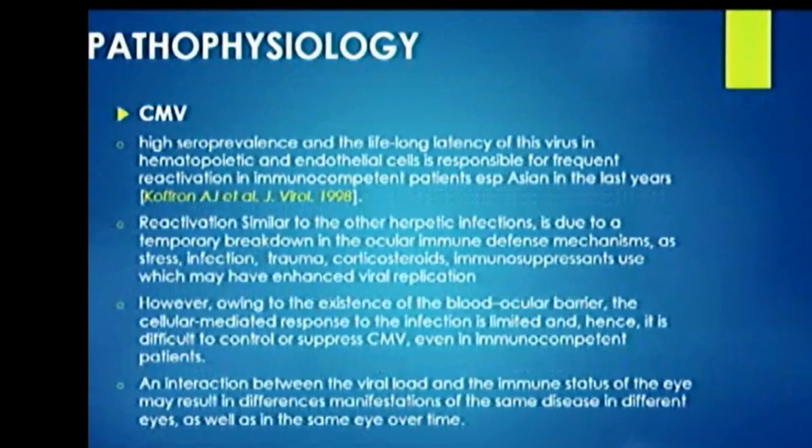Based on this clinical presentation, we started the patient on valganciclovir. Valganciclovir is a very expensive drug, and thanks to our administration at King Abdulaziz University Hospital, they made it available for us. After a few days of valganciclovir, the intraocular pressure was controlled.